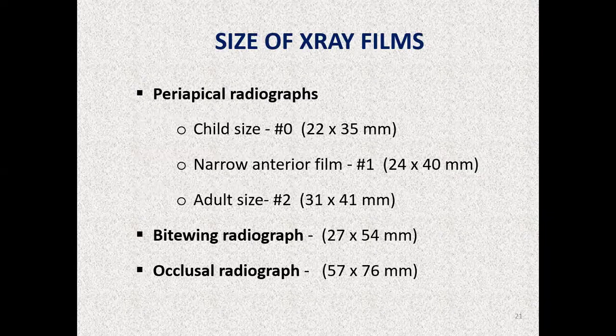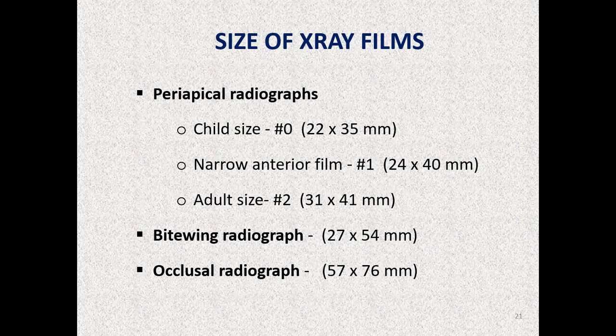Periapical radiographs are used to learn about the periapical region of the teeth. And we have got sizes 0 to 2, that is 0, 1, and 2. Size 0 film has the size of 22 by 35 mm, and these are used in children.